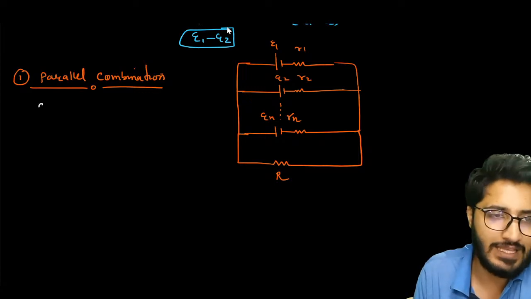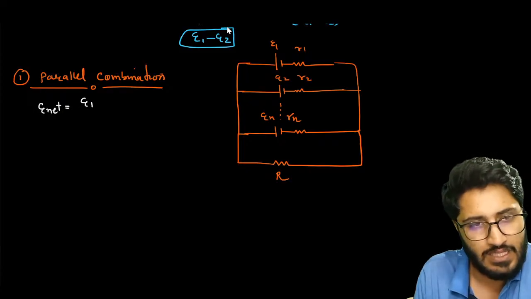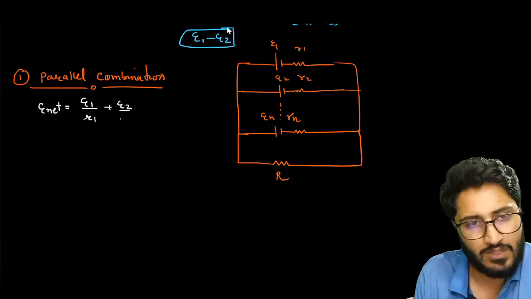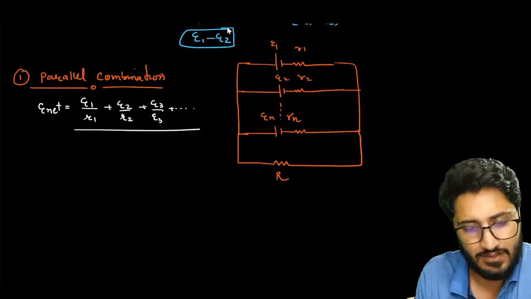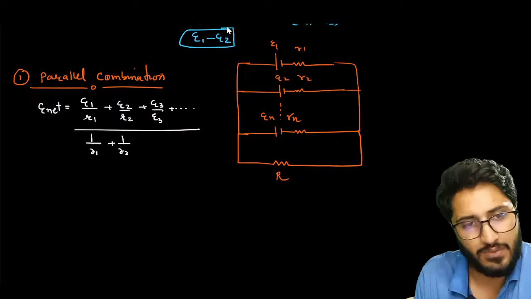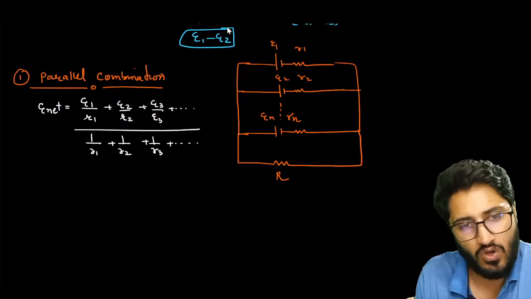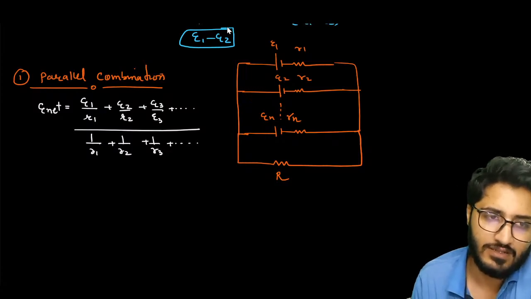Sir, my E net will be equal to E1 by R1 plus E2 by R2 plus E3 by R3 and so on, whole divided by 1 by R1 plus 1 by R2 plus 1 by R3 and so on. Okay, done.